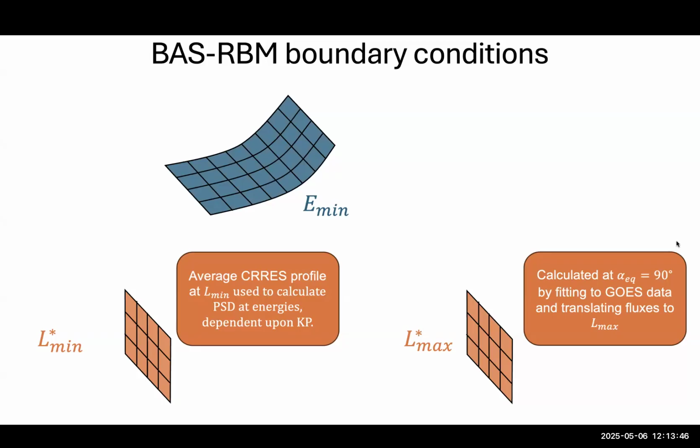So we get the GeoDAWG, we fit this kappa function to it, and then we translate those fluxes or phase space density out to the maximum L star values, assuming constant mu and J. And then we use a pitch angle distribution spread.